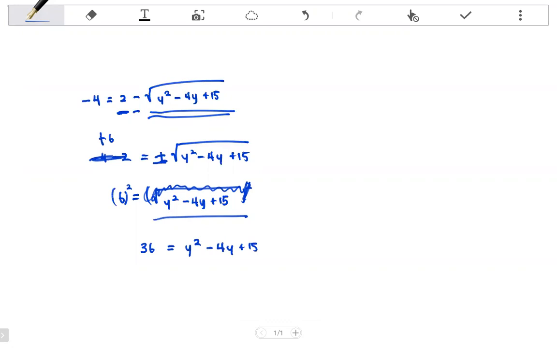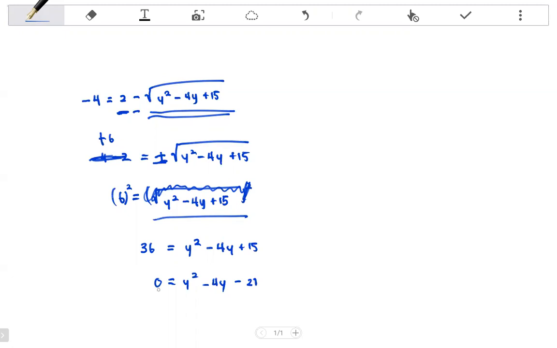And we move the 36 to one side so that it equals 0: 0 equals y squared minus 4y. 15 minus 36 is going to be negative 15, 21, I think. Yeah, negative 21.